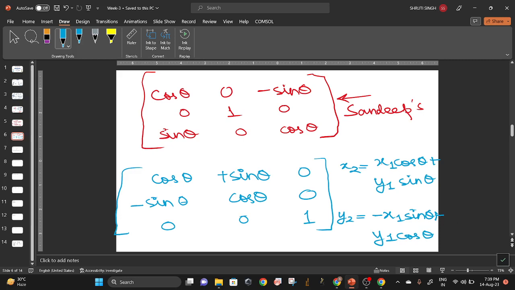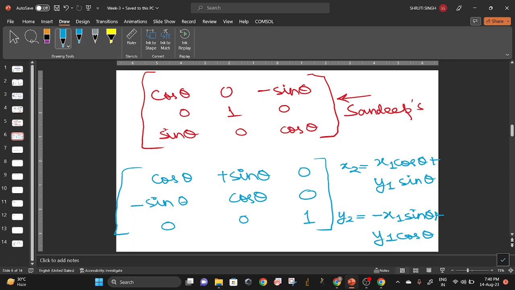So you are telling that here it should be x1 cos theta plus z1. Now x2 will be replaced by z. No, not y2, ma'am.